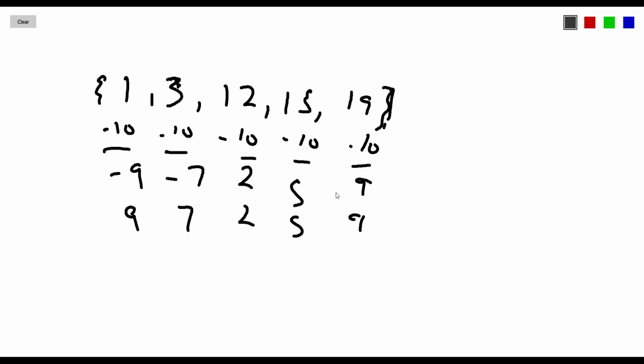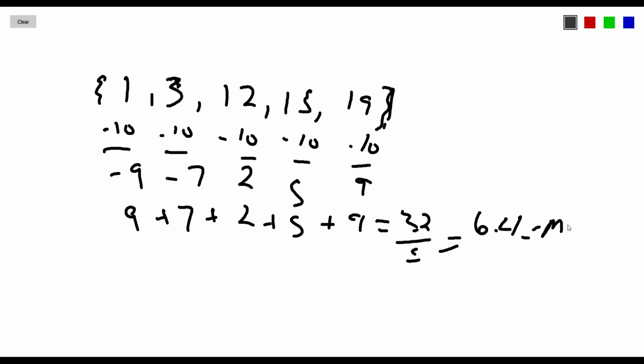And so add all those up together: 16, 18, 23, 32. Divided by 5. 32 divided by 5 gives us 6.4 as the MAD, or the mean absolute deviation.